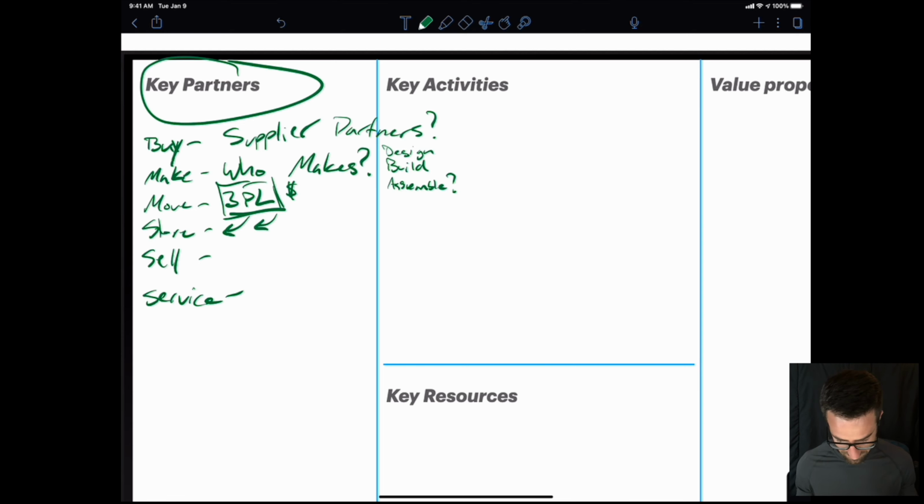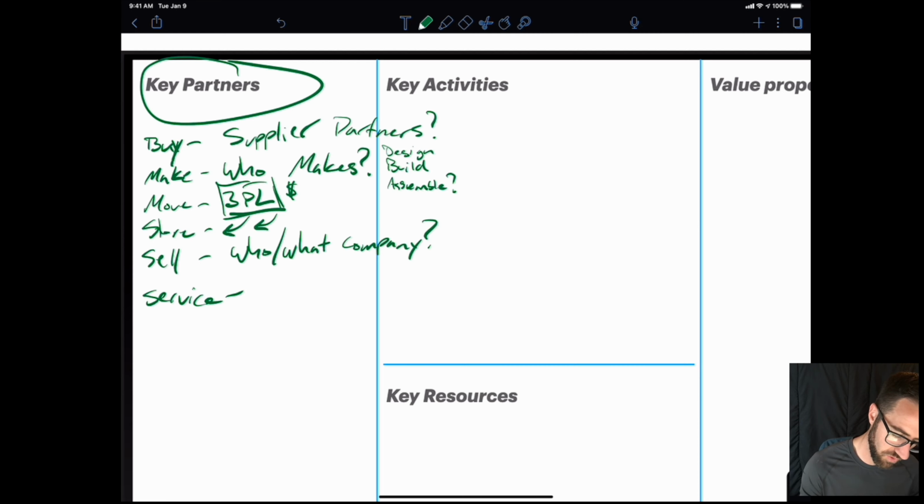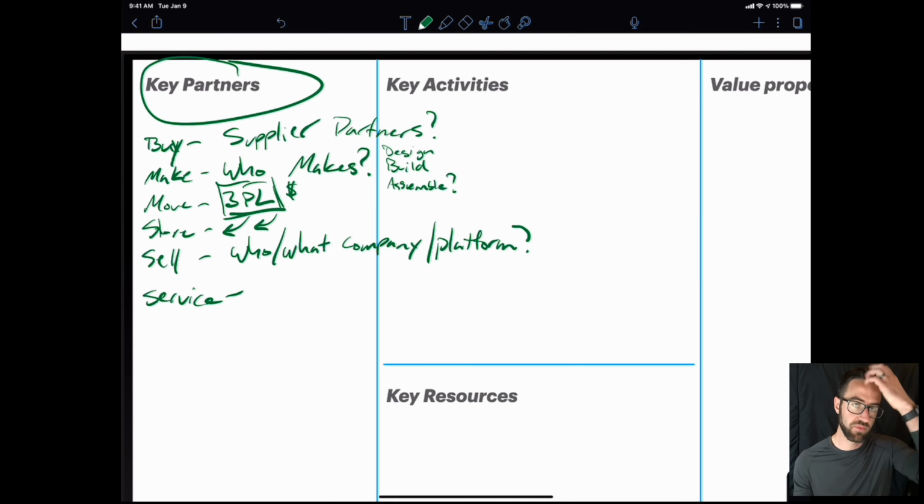We'll see. Okay. Key partners for selling, and like, who is it? Who, or I guess like, I'm gonna say what company, or maybe we should call it a platform. Who's gonna help you? And what I say in the post is advertising as well.